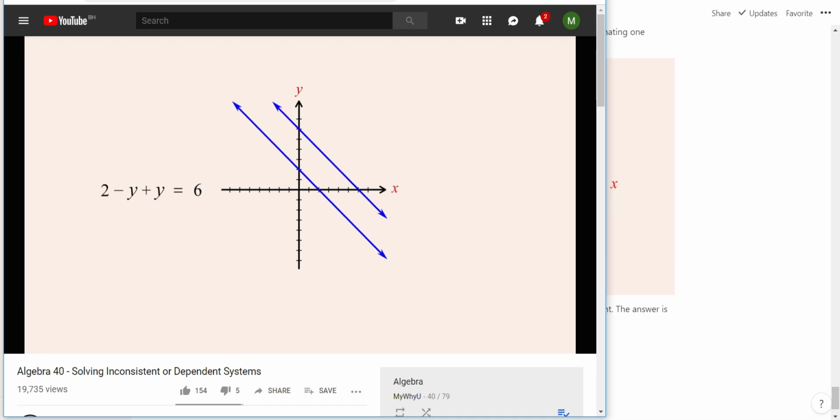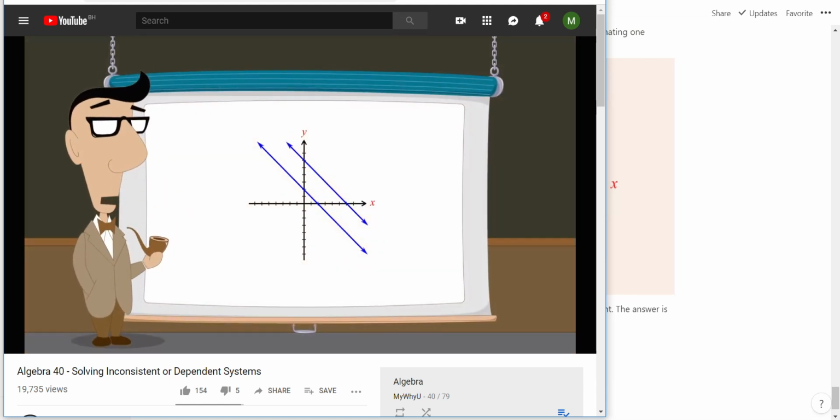The two y terms then cancel, leaving us with the contradiction 2 equals 6. Once again, obtaining a contradiction indicates that this system has no solutions and is therefore inconsistent. Since the system has no solutions, its solution set is the empty set.